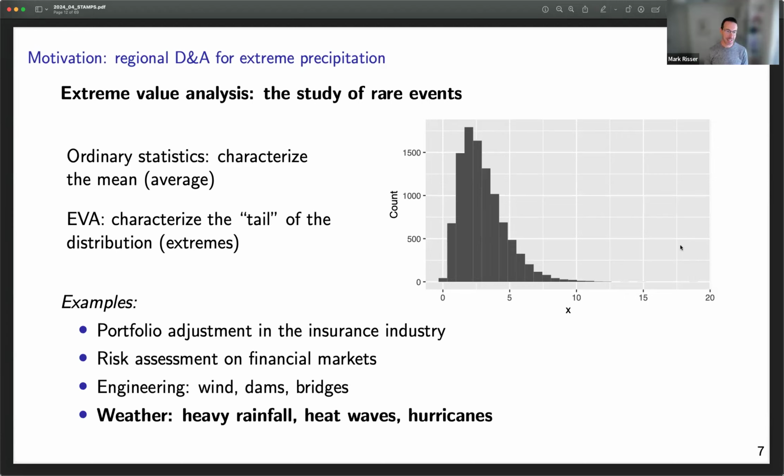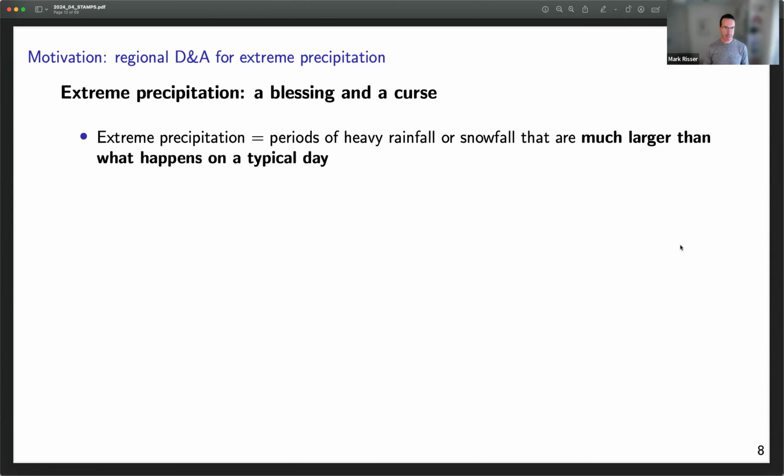In an engineering context, this is also important for, what's the worst case scenario that can happen if I'm designing some new infrastructure. And then, more relevant to the topic I'm speaking on today, is weather. We're also interested in things like heavy rainfall, heat waves, hurricanes, lots of other rare events that are really important.